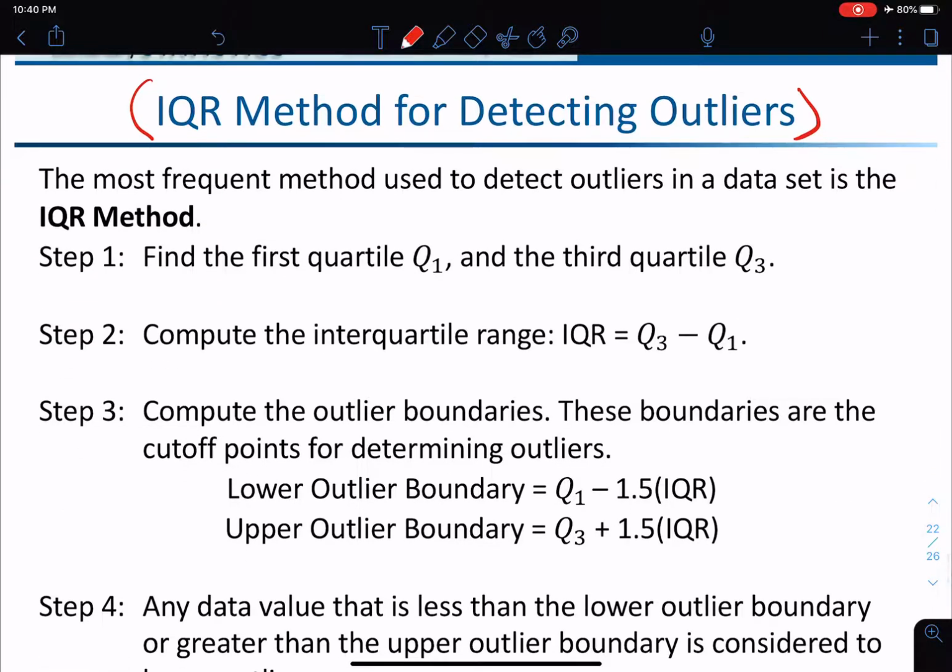So if you want to figure out your lower outlier boundary, anything smaller than this, you're going to cut off your data. How do you figure it out? You take your Q1 minus 1.5 times the IQR, and that will give you the lower outlier boundary. Anything smaller than that, we call it an outlier.